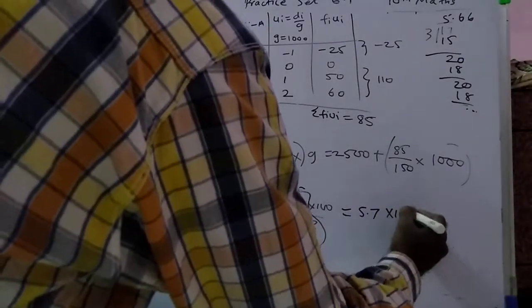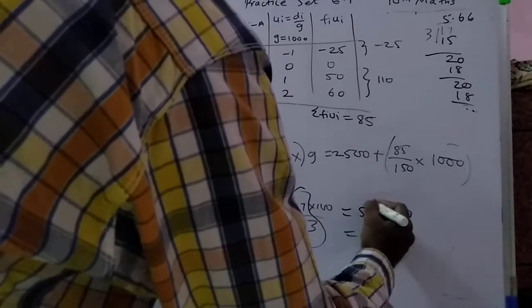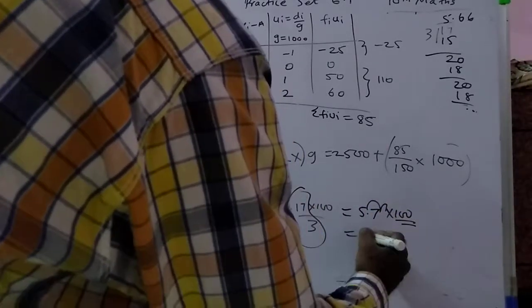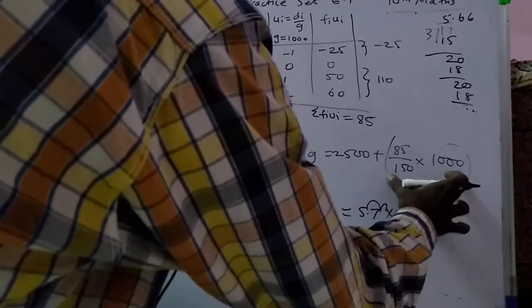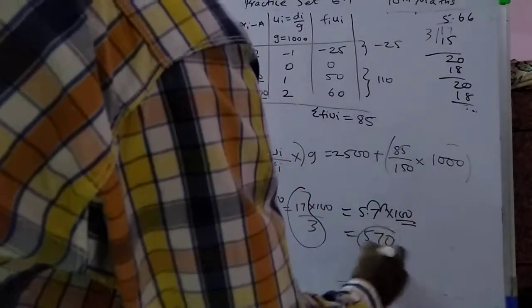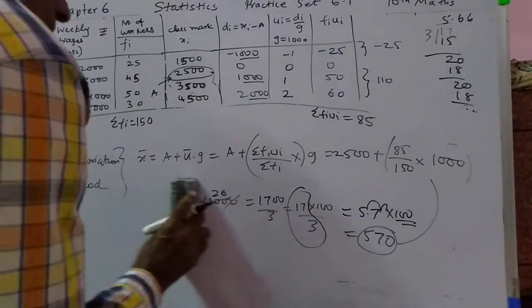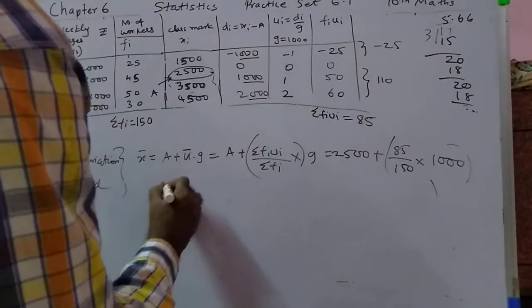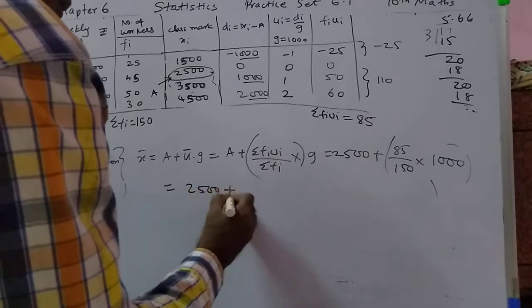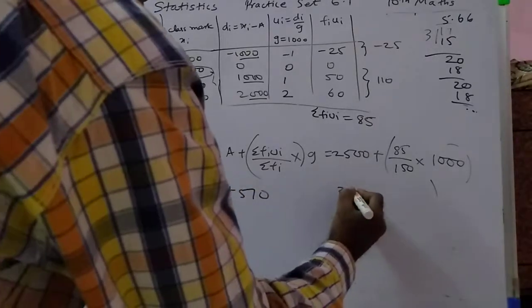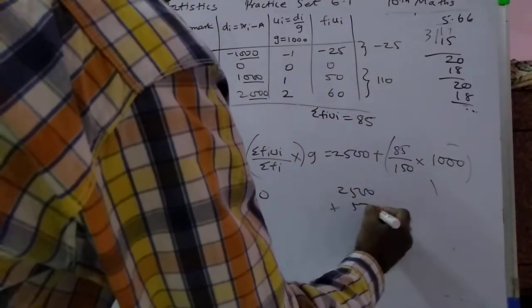Into 100. So that will become 570. That we put it here, 570. So that will become 2500 plus 570.